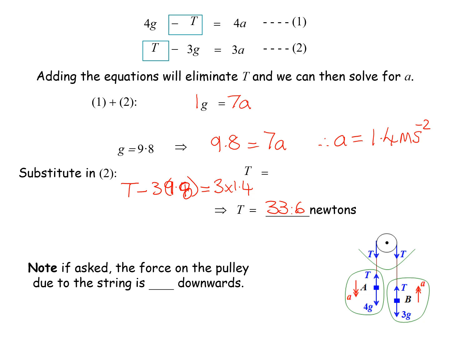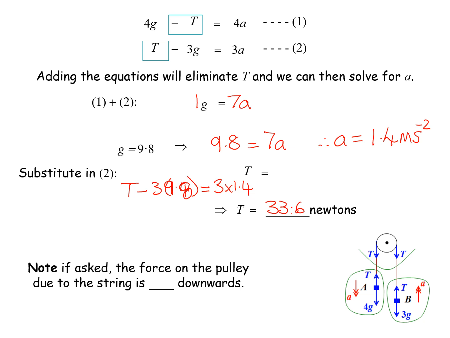It is the unknown plus the unknown equals the constant. So 4g is known, that's just 4 times 9.8, so that's my constant. So if I take the T's over the other side, I'd have 4a plus 1t equals 4 times 9.8.